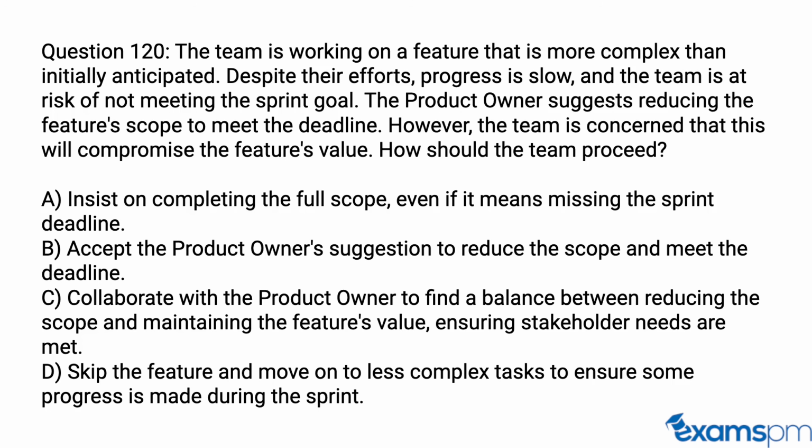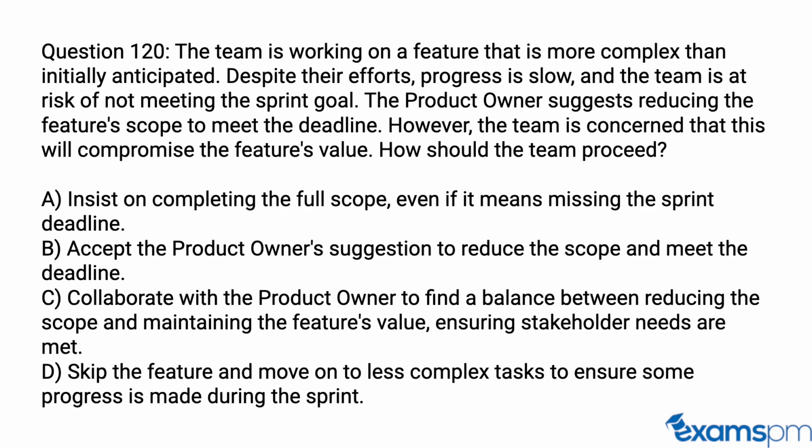Question 120. The team is working on a feature that is more complex than initially anticipated. Despite their efforts, progress is slow, and the team is at risk of not meeting the sprint goal. The product owner suggests reducing the feature's scope to meet the deadline. However, the team is concerned that this will compromise the feature's value. How should the team proceed?